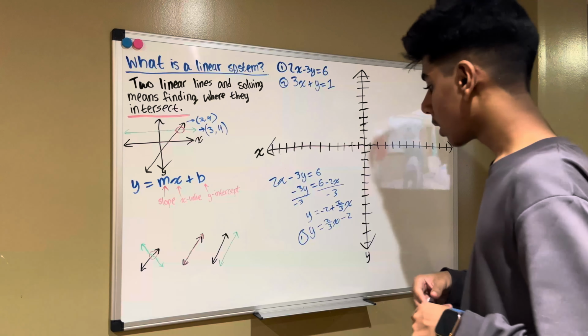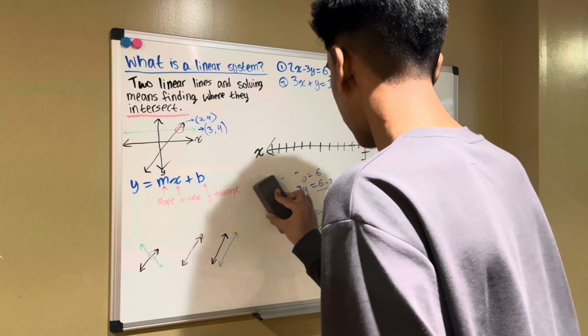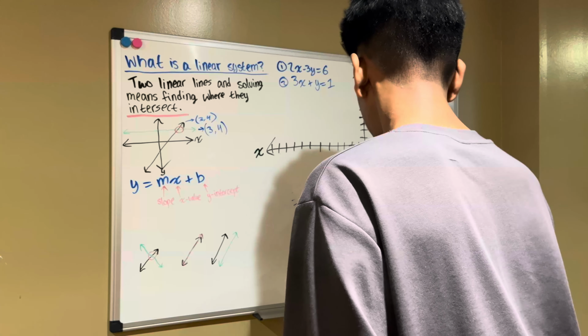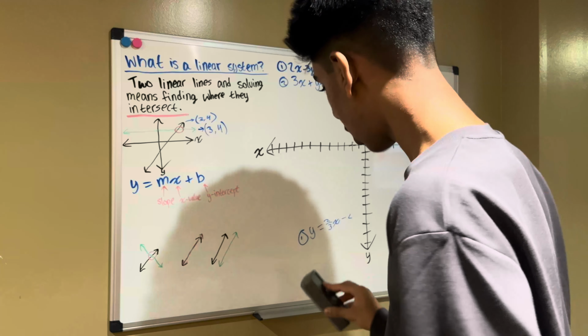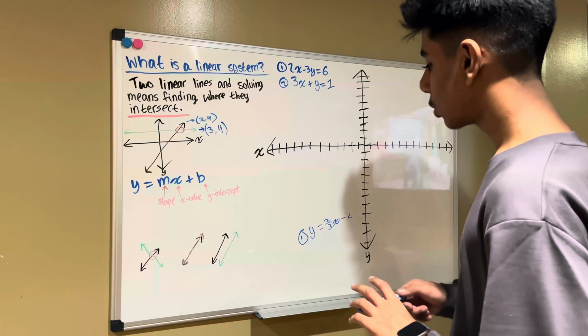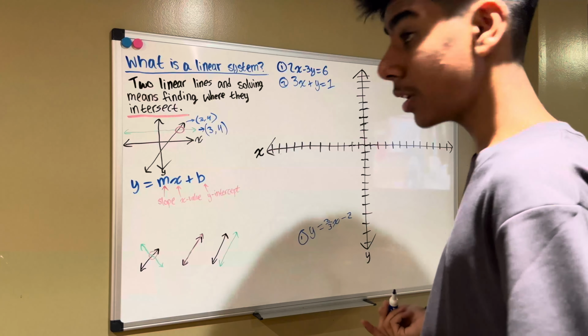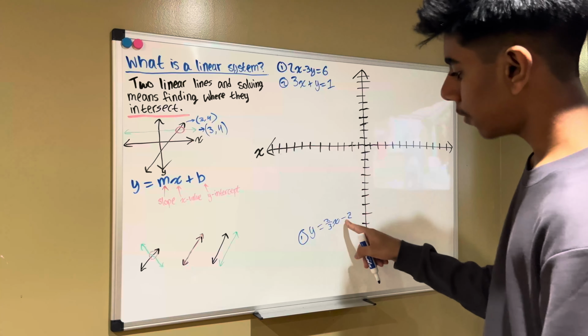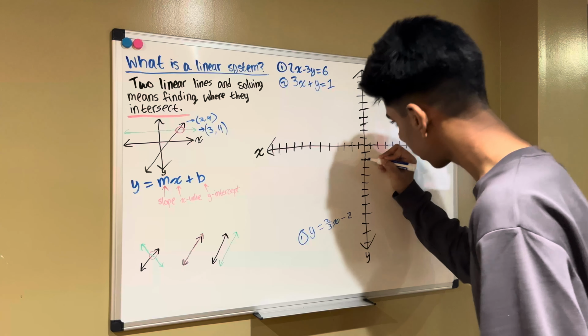All right. So now to graph this, let's just remove all this so we have enough space to draw, to graph y equals 2 over 3x minus 2. All right. So we see first the y-intercept, -2, right over here.